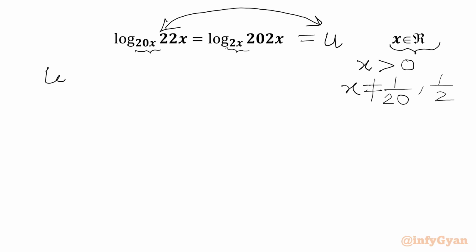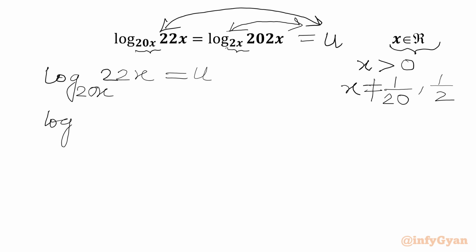and we can write one equation: log 22x with base 20x equal to u. And once we equate these two, we get our second equation in log form: log 202x with base 2x equal to u.